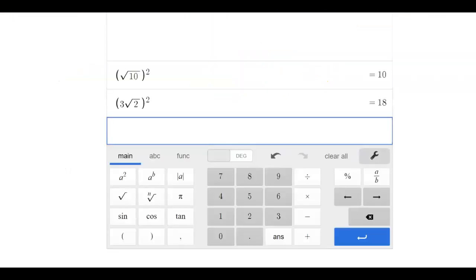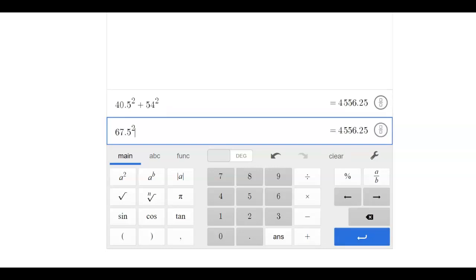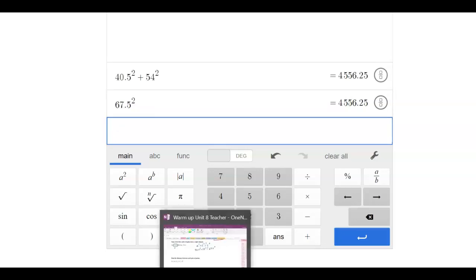So using our calculator, if I do 40.5 squared plus 54 squared, I get 4556.25. Then I'll do 67.5 squared. And notice I get the same value.